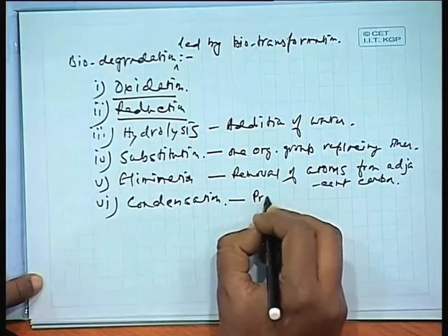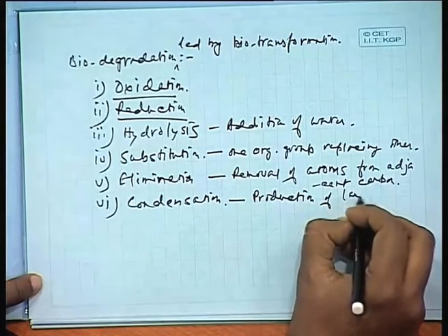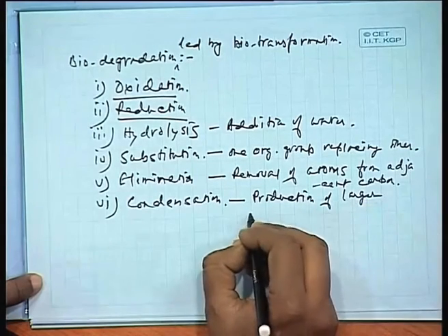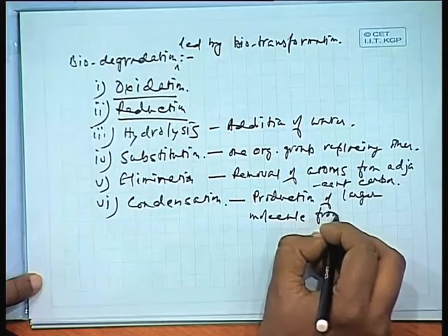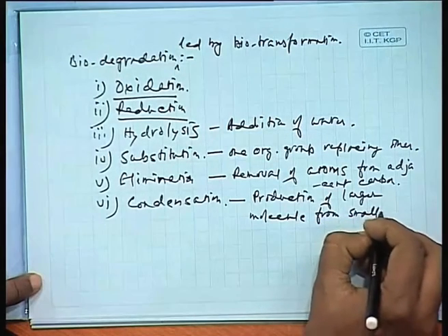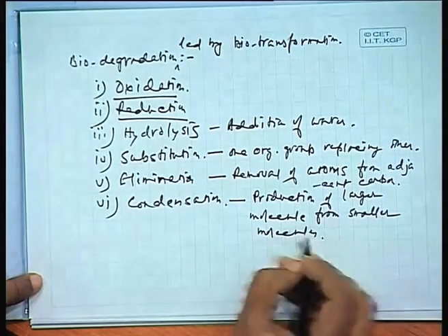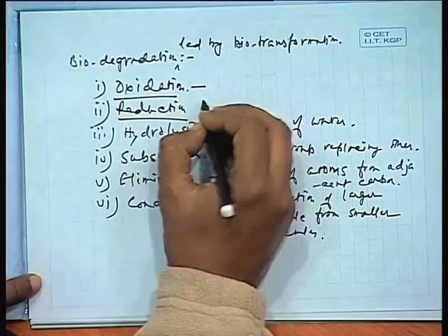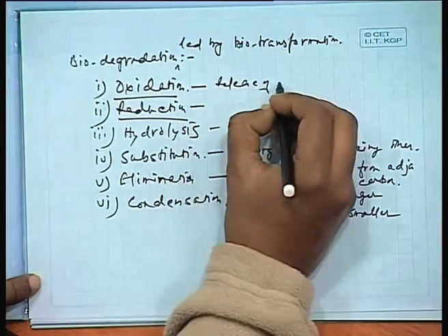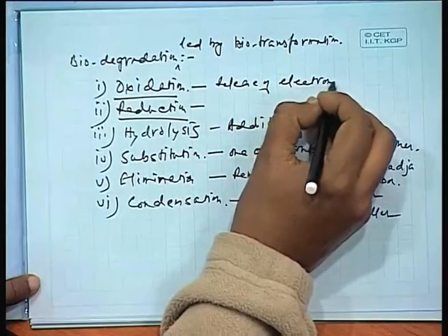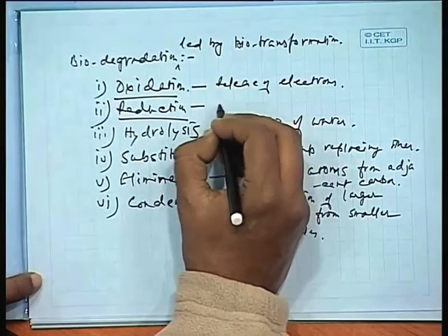Oxidation is the release of electrons, and reduction is the addition of electrons.